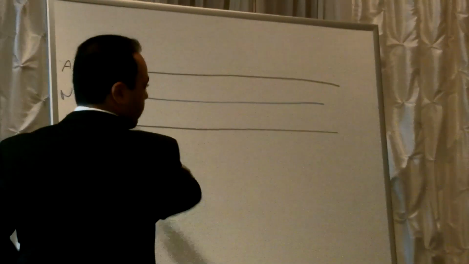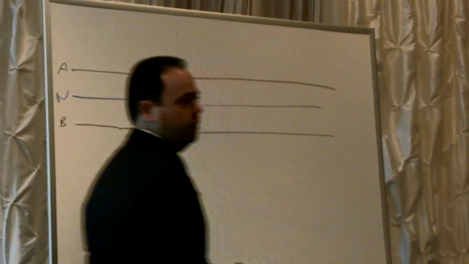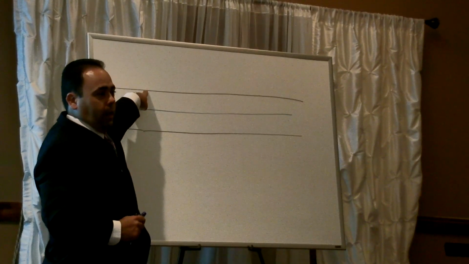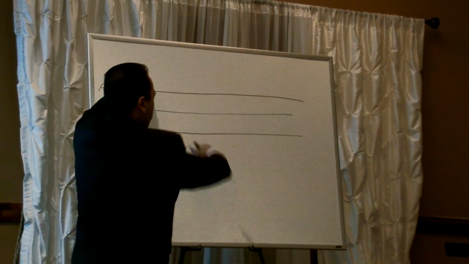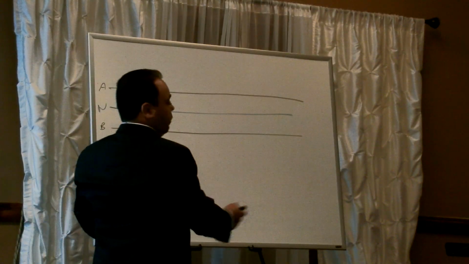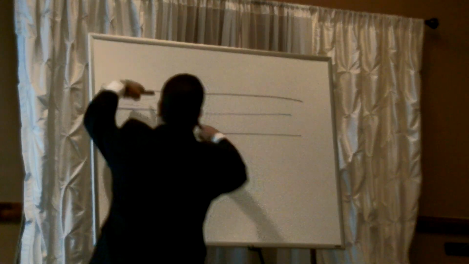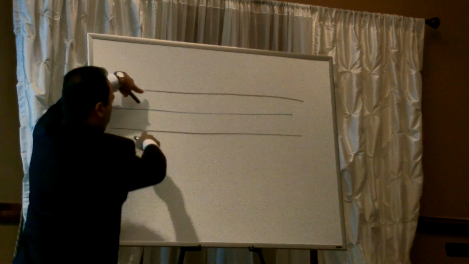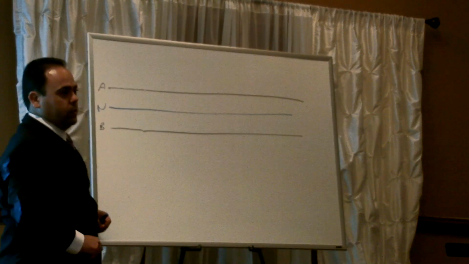Remember the sine wave? The alternating current? If you just touch A, and I'm not grounded, or I'm not touching neutral, I'm not part of that circuit yet. There's no voltage there. I need both A and neutral to get 110 volts. I need both A and B to get 220 volts.